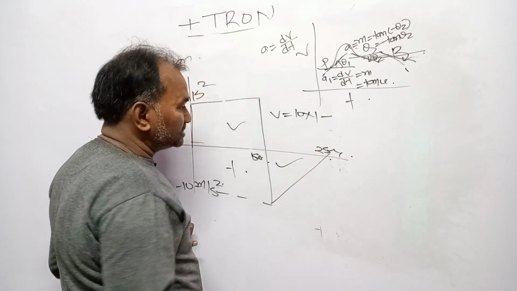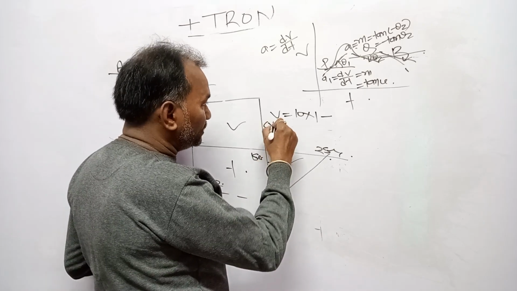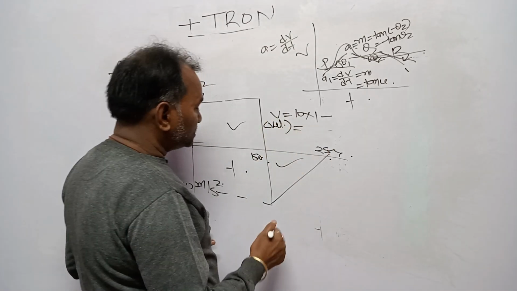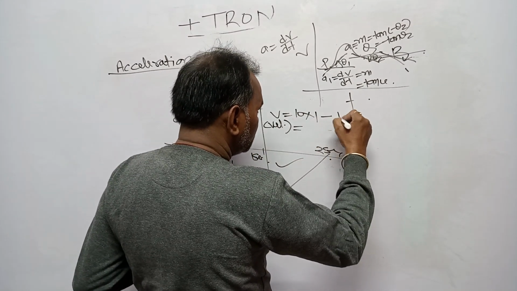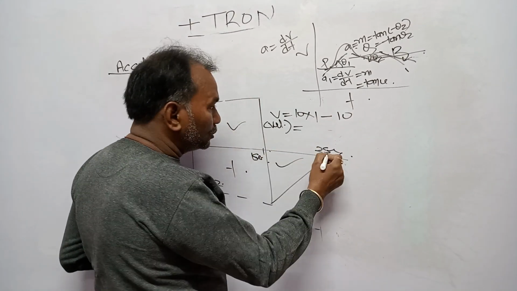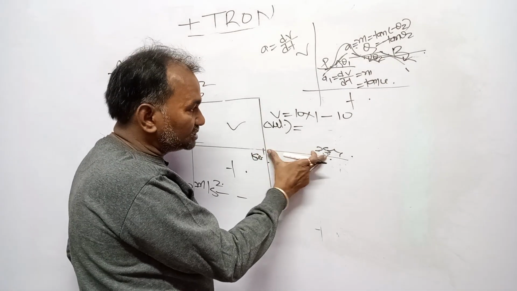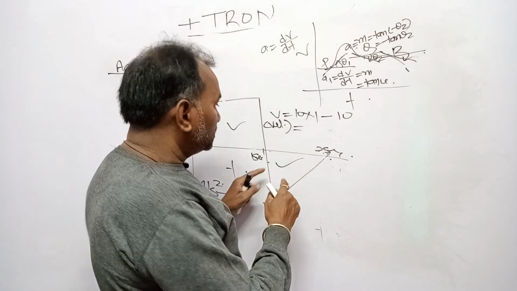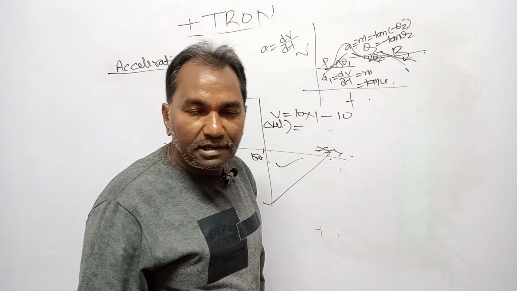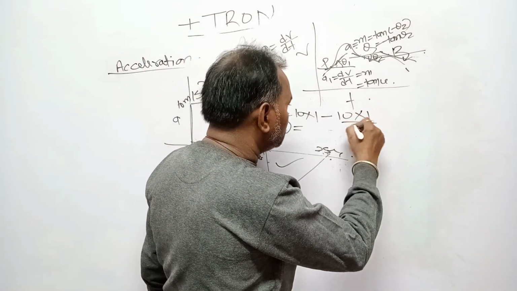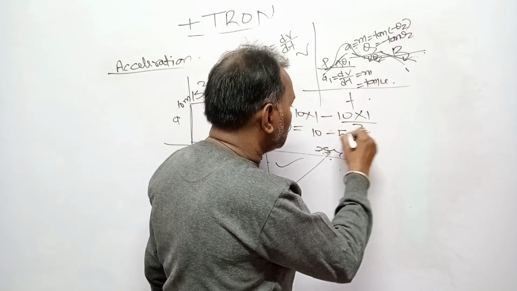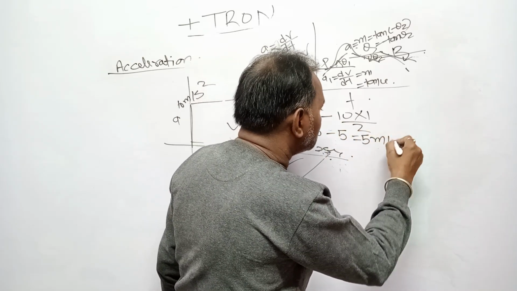And now consider the sign. It is actually velocity I am finding. This one is 10 into (2 minus 1), this base. It is actually a right angle triangle, so the area of this will be 1 by 2, base into height, that is 5. So it is 10 minus 5, that is 5 meter per second.